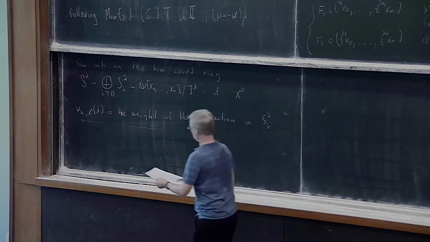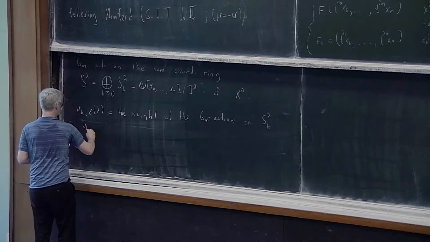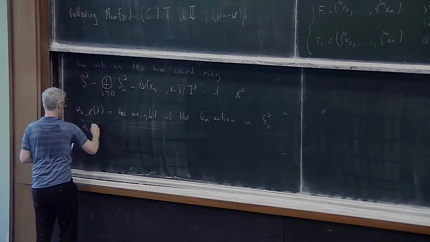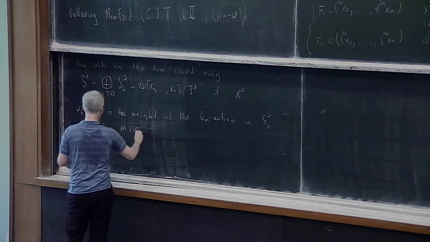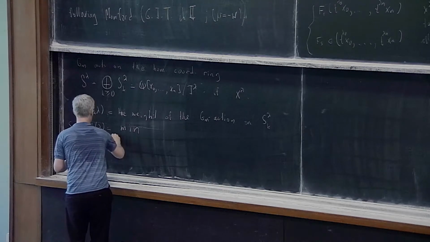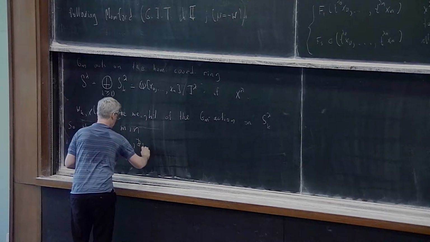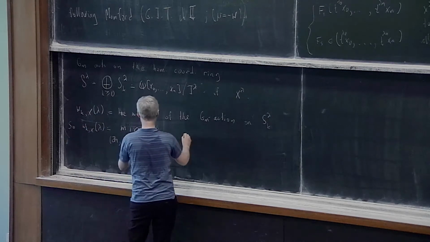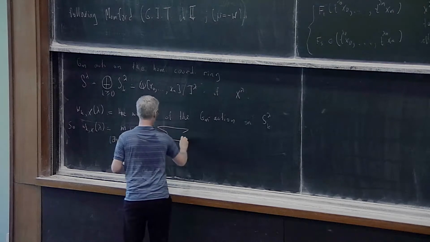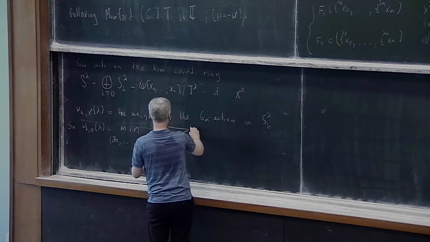And this means that this is equal to, I take the minimum over all monomial bases. So I take all these monomial bases, and then I sum over all weights of the individual polynomials.